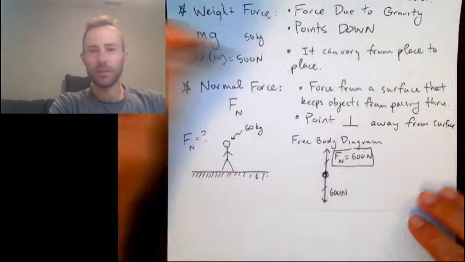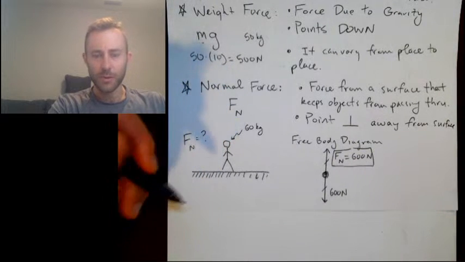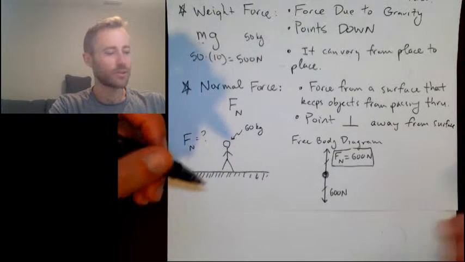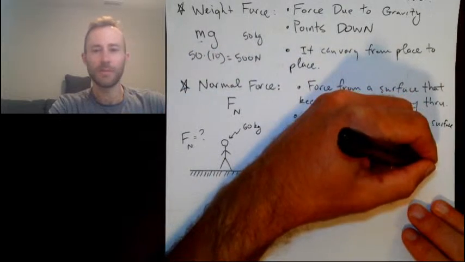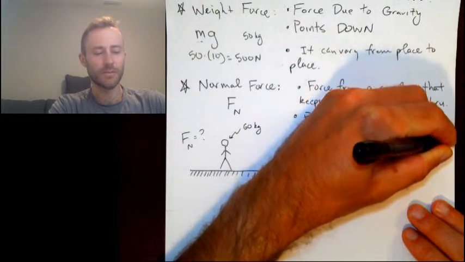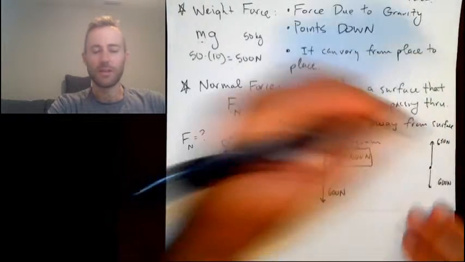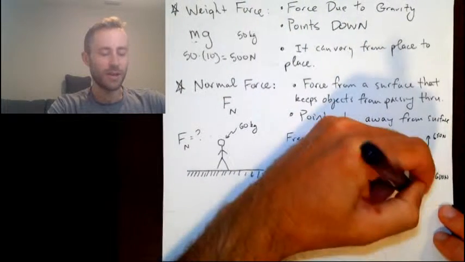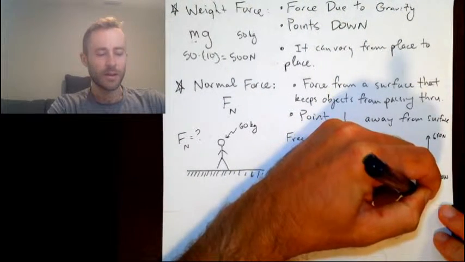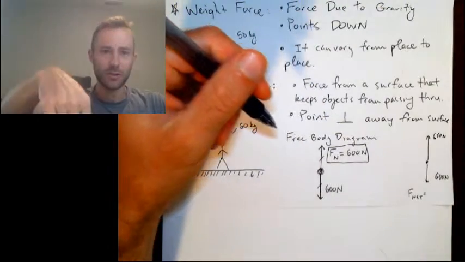And to understand why, we just have to think about the converse. What if the normal force was not equal to 600 newtons? For example, what if the normal force was 650 newtons, and the weight force is only 600 newtons? Then you would have a net force of 650 up and 600 down.